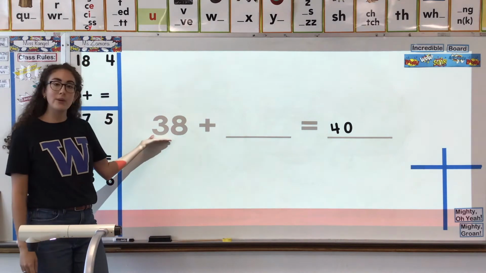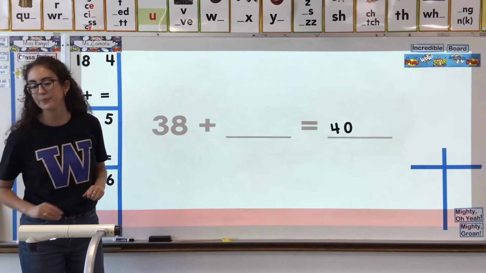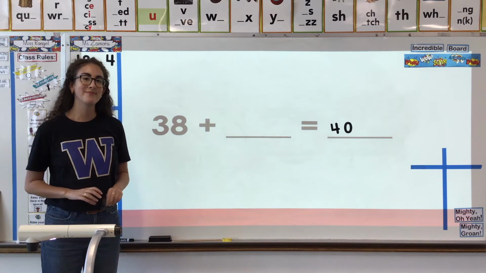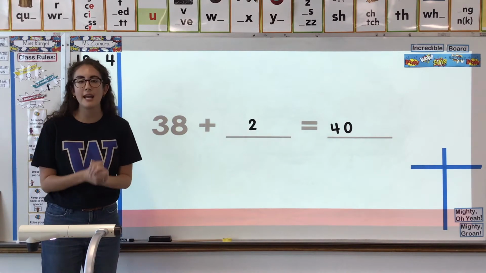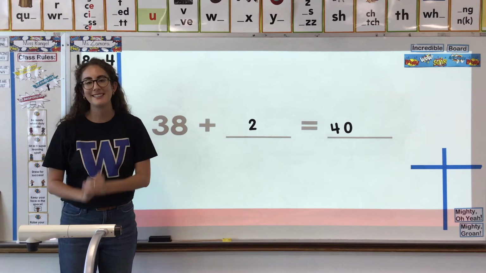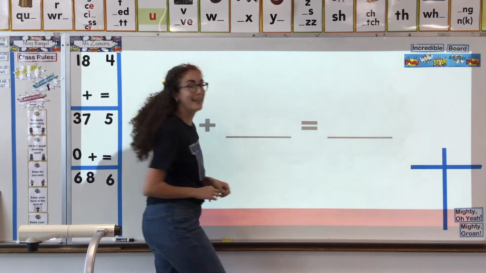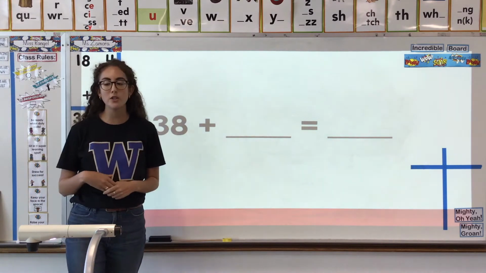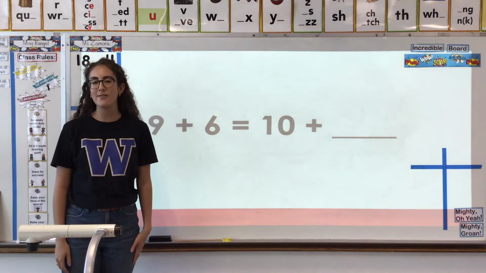So, how do we get there? 38 plus what equals 40? 38 plus 2 equals 40 because 8 and 2 are pairs to 10. Good job, people. Okay, these next 2 problems, we are going to turn a sentence into a 10 plus fact.